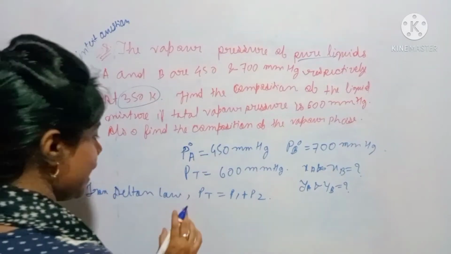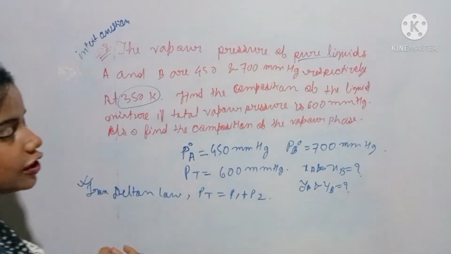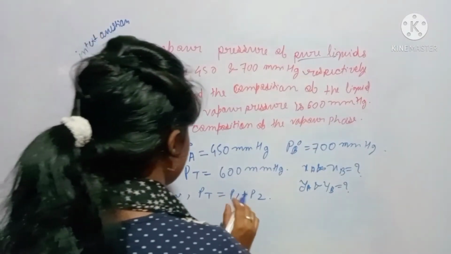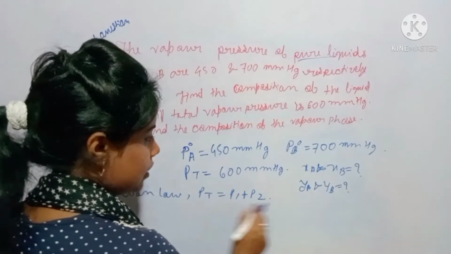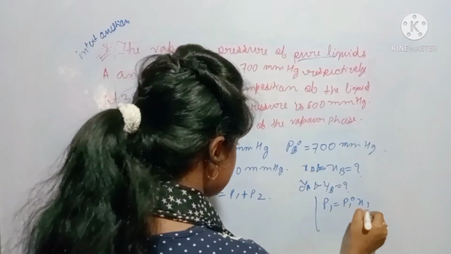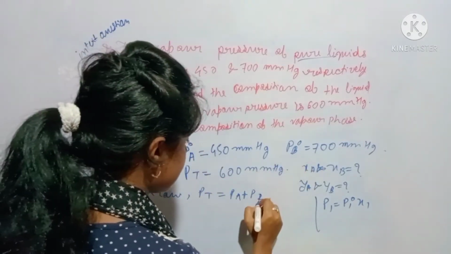I already solved these things before, but it's good to solve it here just for revision, so just watch. After that, from Raoult's law, P1 equals P1 naught x1. Sorry, here it's A and B.